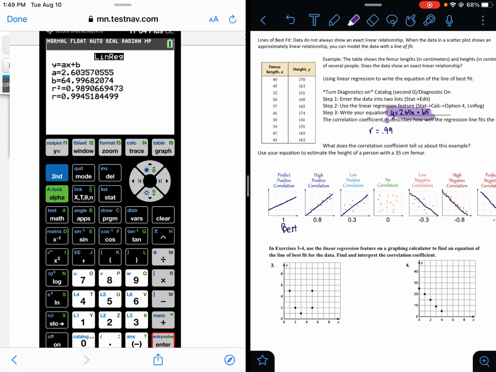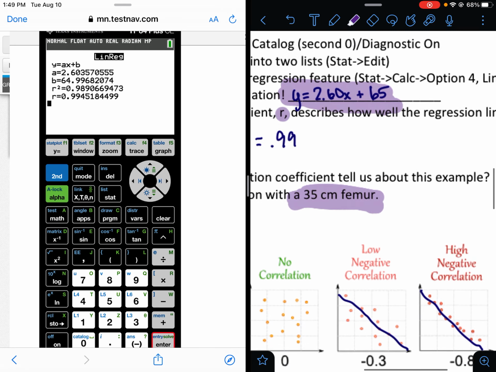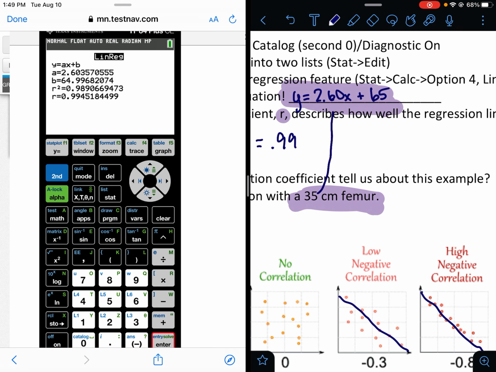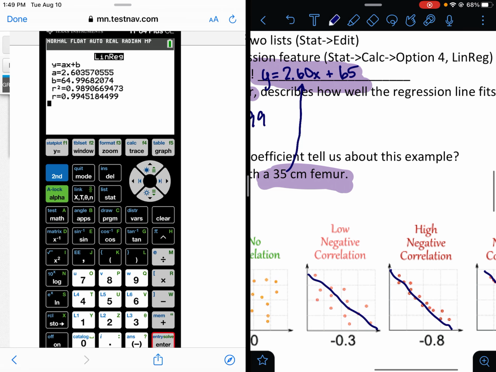So if we dug up some bones and found a femur and it was 35 centimeters long, about how tall would this person be? Well, you just simply take the 35 centimeters and plug it in. So I can do 2.60 times 35 plus 65. And I could do the math there.